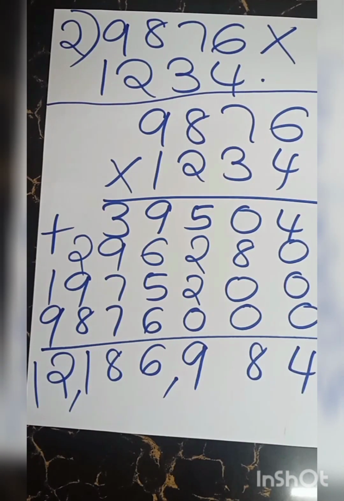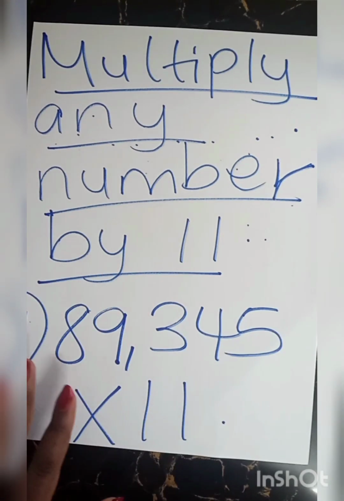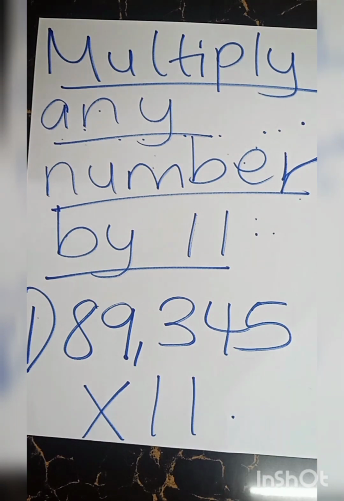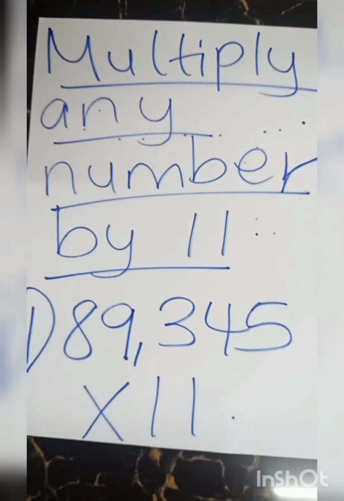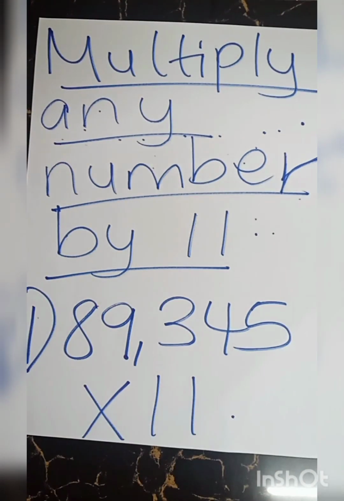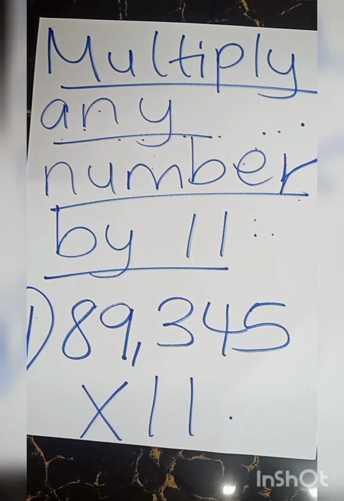So let's now go through a trick for multiplying any number by 11. Let's learn a trick. Multiply any number by 11. So let's go through the first example. This times 11.